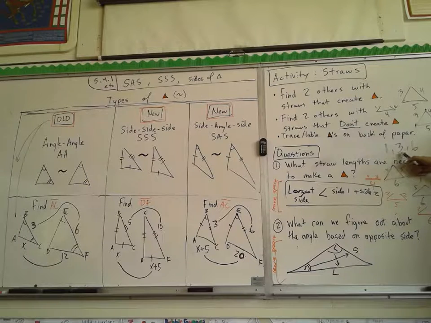The longest side has to be less than those added together. This does not make a triangle. Here's 6. Here's 1. Here's 3. There's no way for that to work. Okay, so I would just say no. That's the end of that question. They're that quick. Okay? When we get down here, they're going to have some sides, and they're going to basically just tell you to put the angles in order from least to greatest. You're just going to look at the sides based on that information. Okay. So that's it for today.